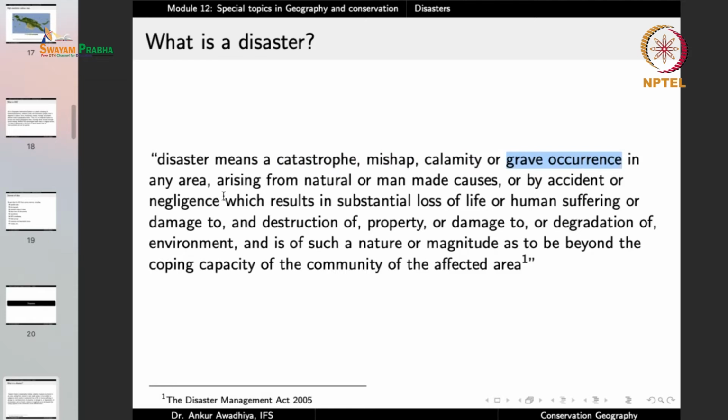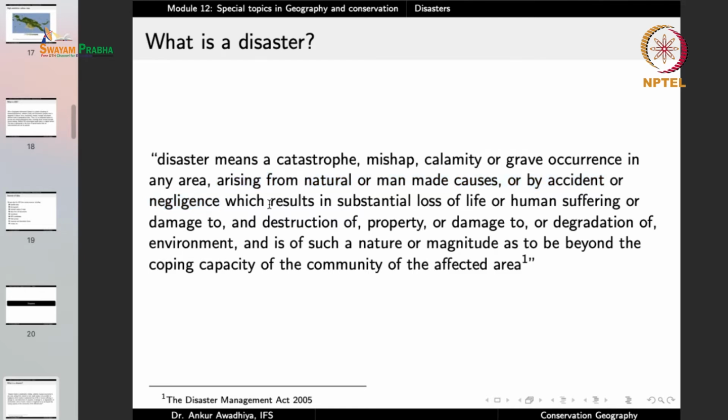A disaster can arise from natural causes or man-made causes, or by accident or negligence. So basically you can have natural disasters, things like earthquakes. You can have man-made disasters like release of industrial effluents, or you can have disasters because of certain accident or negligence.